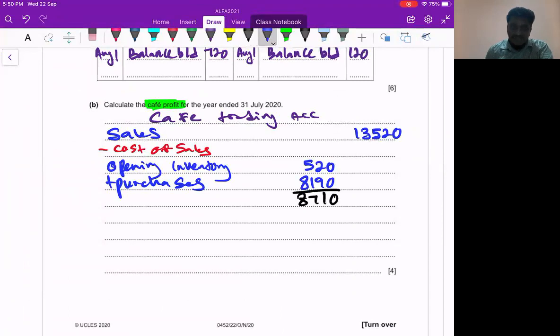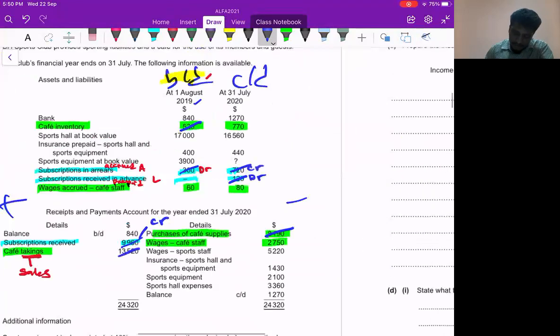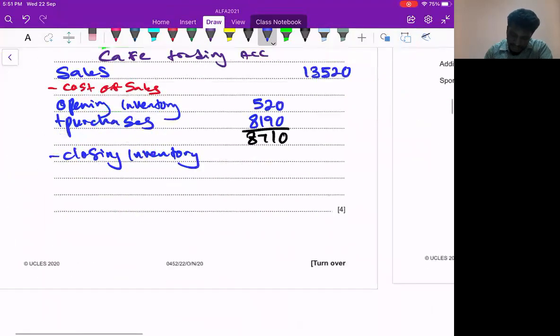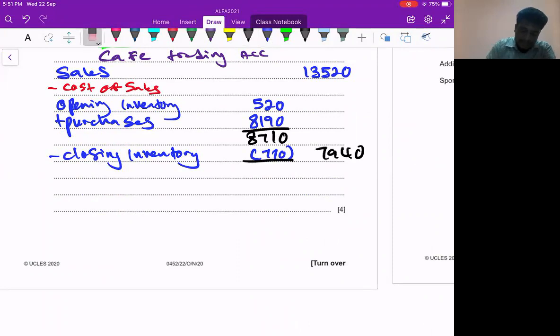This 8,710 minus closing inventory. How much is my closing inventory? 770. So I go here, minus 770, I'll get 7,940. Normally I write 7,940 here, but now I cannot.